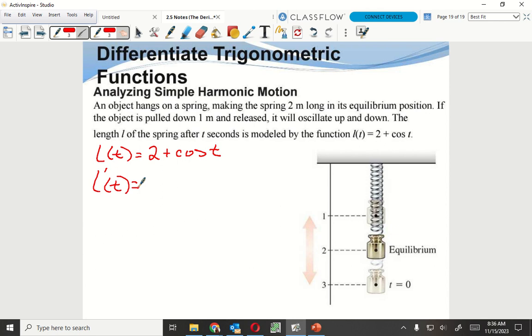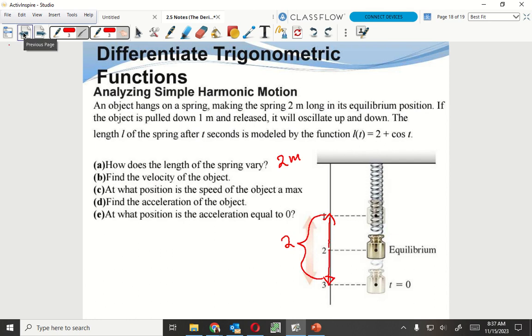And what's the derivative of cosine? Negative sine. Okay, so now I have the derivative. Find the velocity of the object.